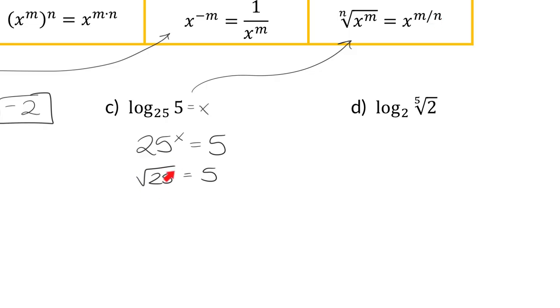So what is the power? 1. What is the index? 2. So this is 25 to the 1/2 power being equal to 5. Therefore, log base 25 of 5 is 1/2. It's all about knowing our power families and how numbers are related to each other within those power families.